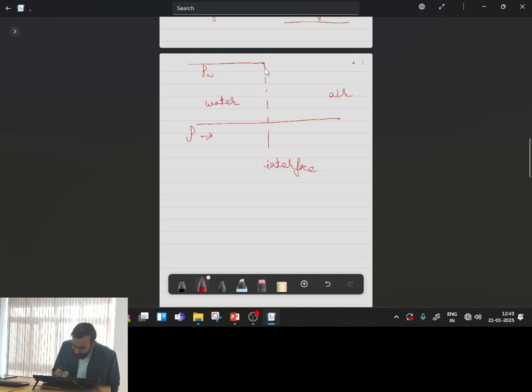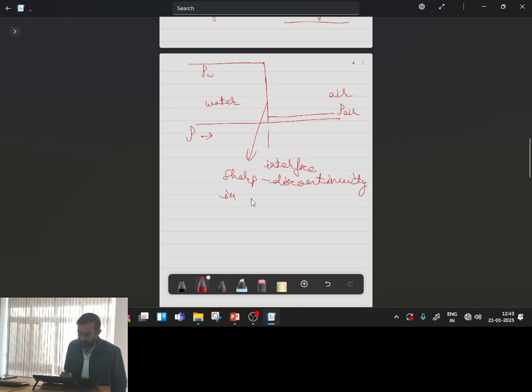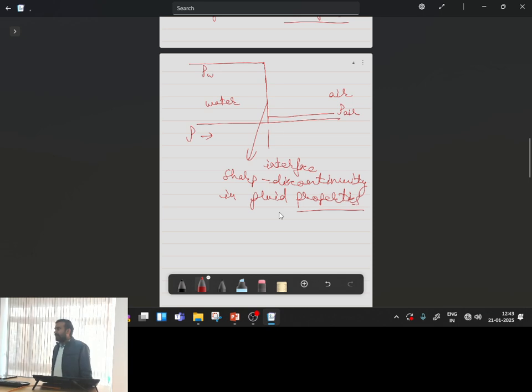At this point I will have a sharp discontinuity, and then here I will have density equal to the density of air. So from the macroscopic viewpoint, if we consider the interface to be a 2D boundary, then across the interface we have a sharp discontinuity in fluid properties. Is this point clear?